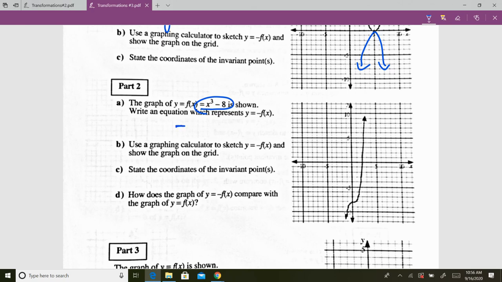It's going to flip it again. So essentially, if I write negative x cubed minus 8, this graph is going to flip this way. So if you multiply that in, you're going to get negative x cubed plus 8, so it flips up to positive 8. And then the graph looks like that.